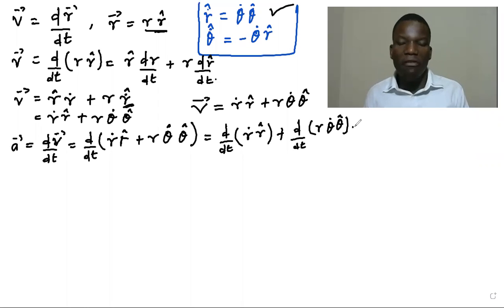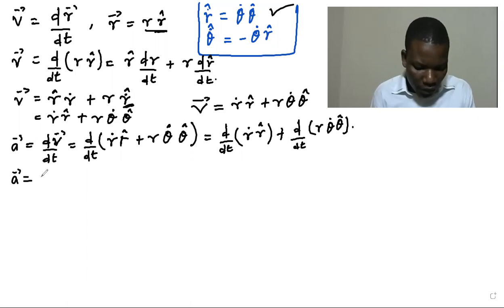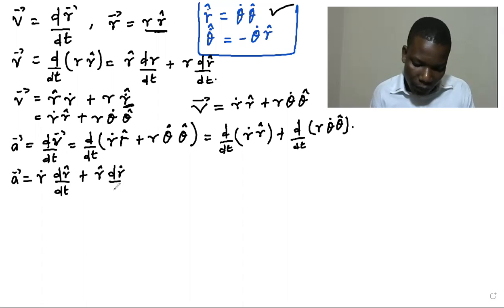Even here, when this velocity is changing, the condition is that when one part is changing, the other part remains constant. So we are going to have a situation where this is constant and that is changing with respect to time, plus this is going to be constant and that will be changing with respect to time.